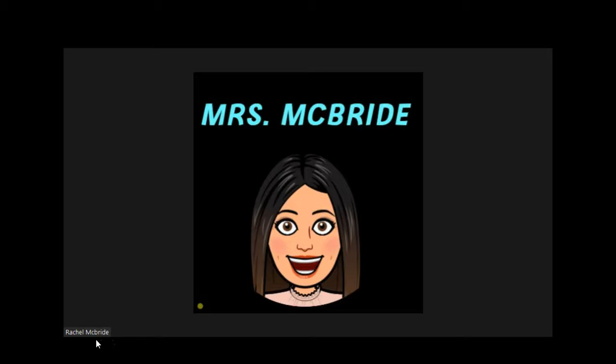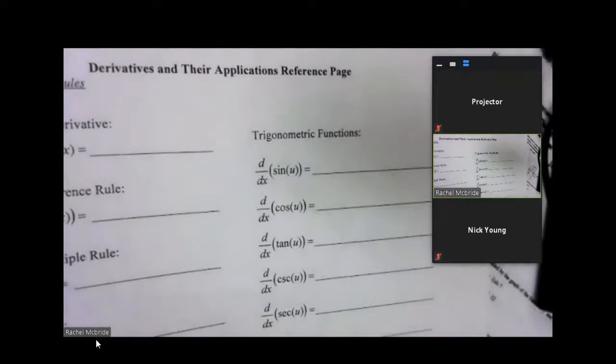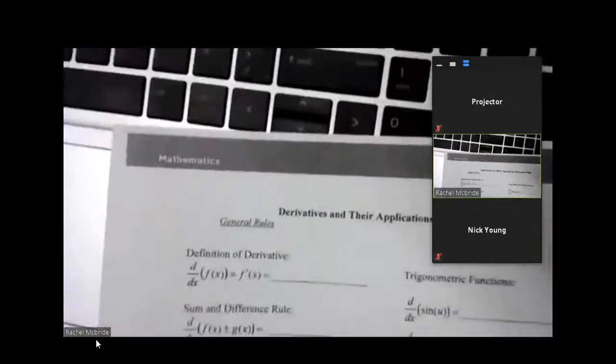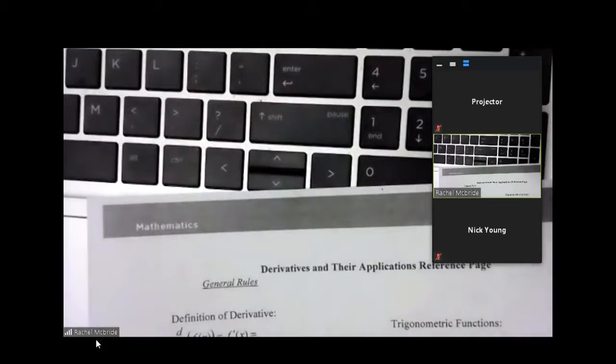So we're going to do the derivatives and their application reference page, and I just want to see how many you know how quickly.